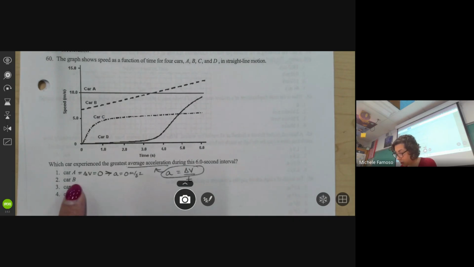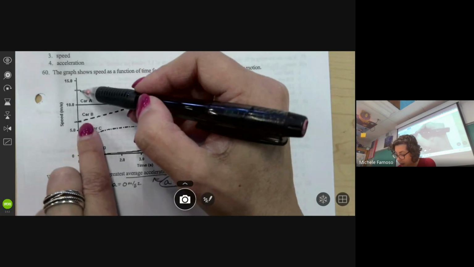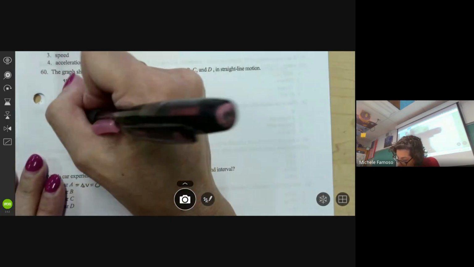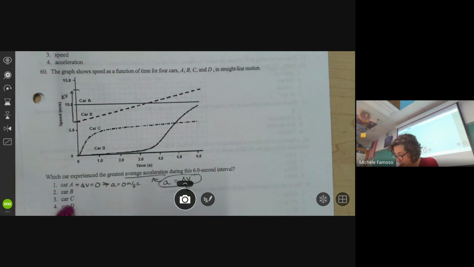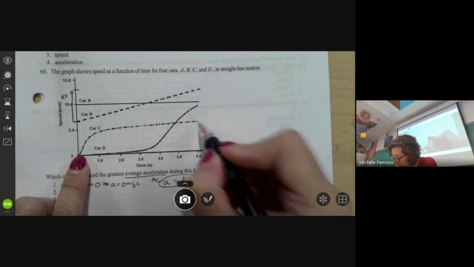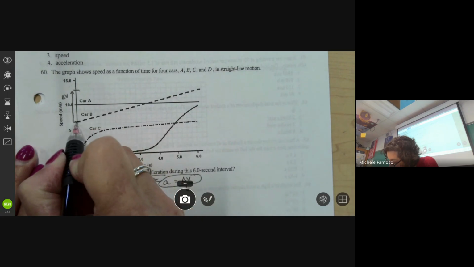If I look at car B, it starts here and it ends here. So that is the velocity change for car B. I'm just going to mark that. For car C, it starts here, ends here. I think it ends about here.